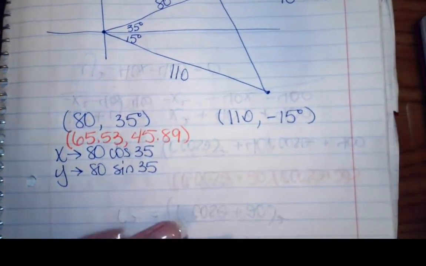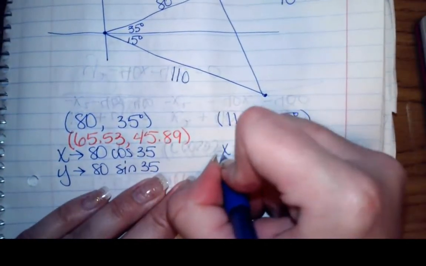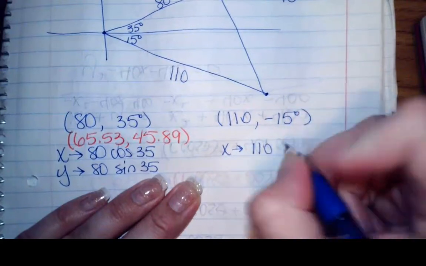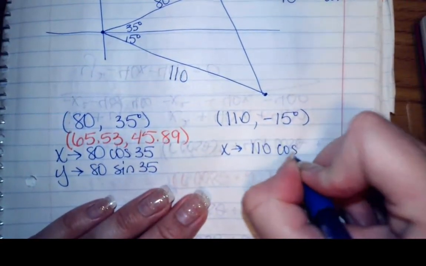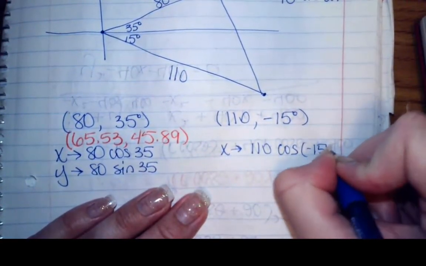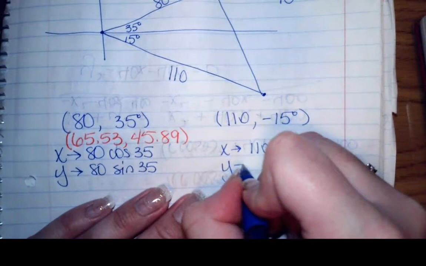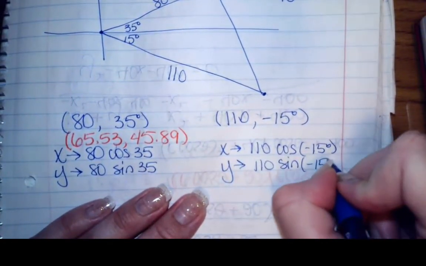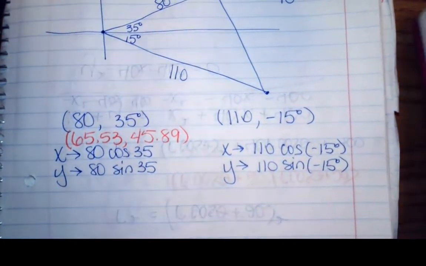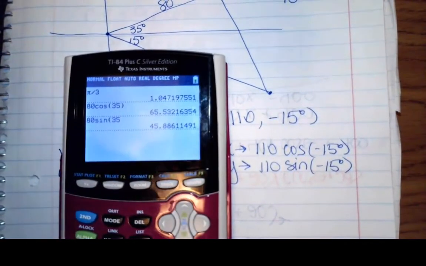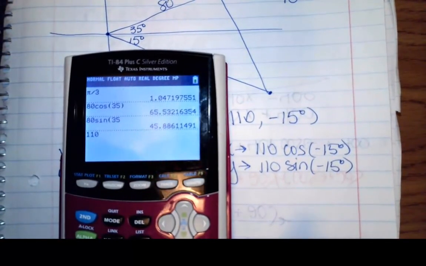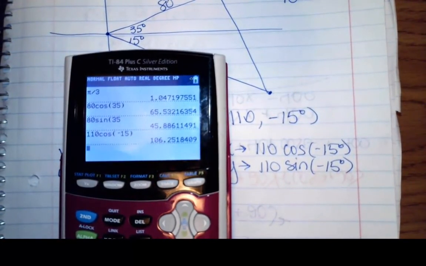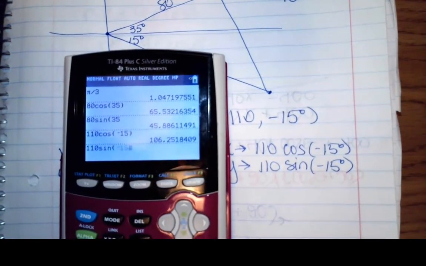So for this set of polar coordinates, I've got x equals 110 times the cosine of negative 15 degrees, and y is going to equal 110 times the sine of negative 15 degrees. So in my calculator, I've got 110 times the cosine of negative 15 and 110 times the sine of negative 15.